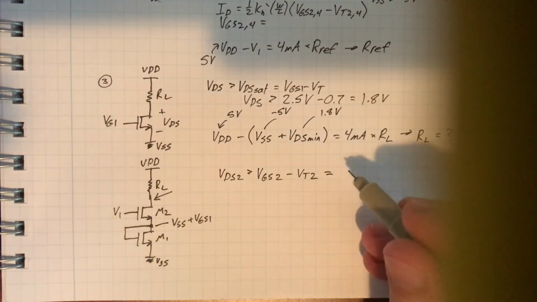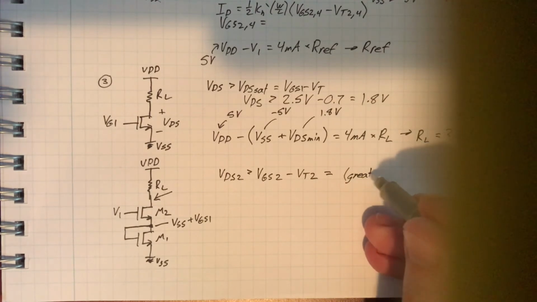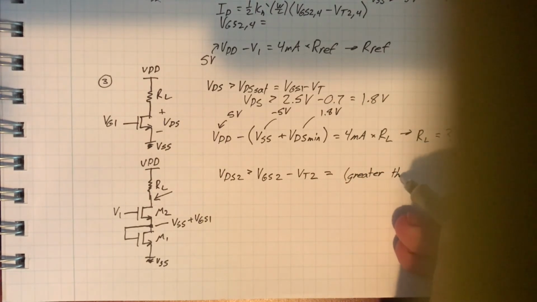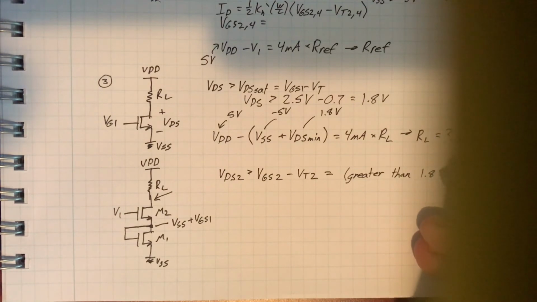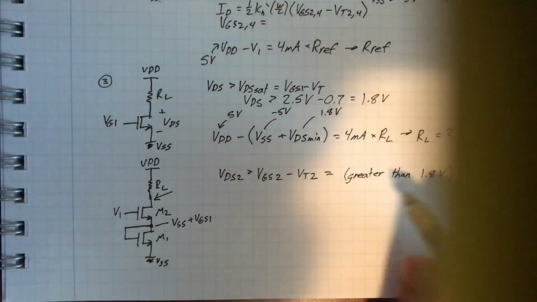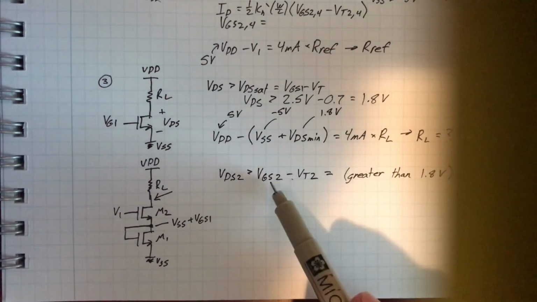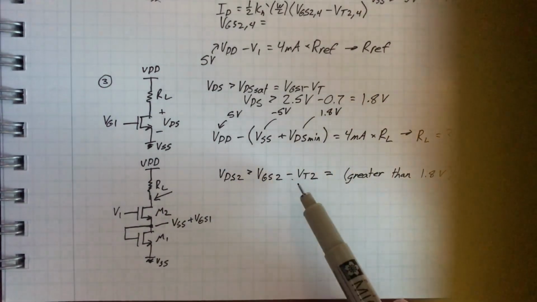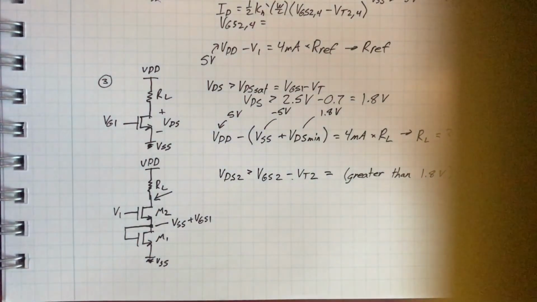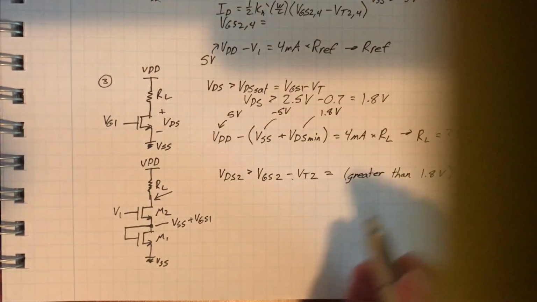It's going to be greater than 1.8 volts this time. Actually, I lied. I think it's going to be exactly 1.8 volts again, because VGS and VT will track each other. So yeah, I think that's going to be 1.8 volts, but just double check that.